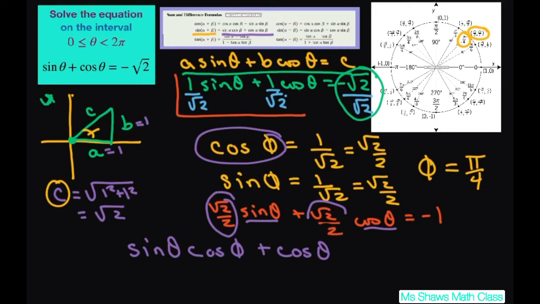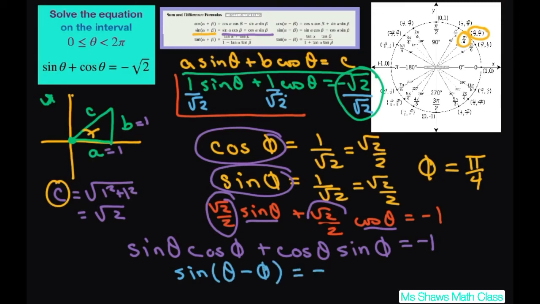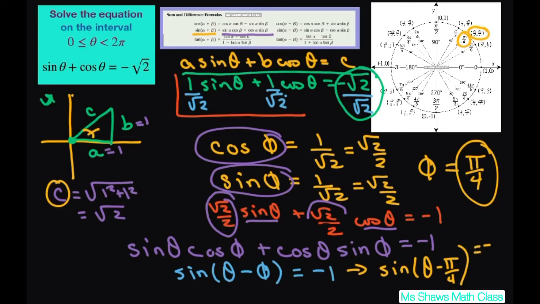And that's going to be sine of phi. That equals negative 1. So now we have it in this format, and I can write this as sine of theta minus phi equals negative 1. But our phi is pi divided by 4, so now it's really sine of theta minus pi divided by 4 equals negative 1.